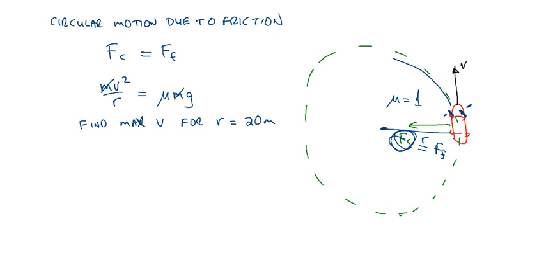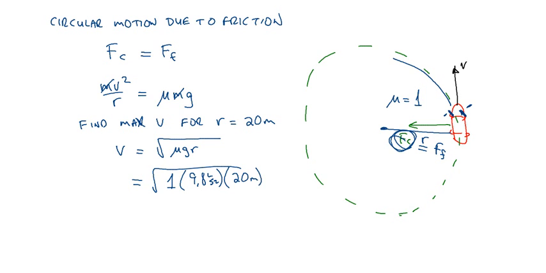Okay, if I solve that expression for v, then v would be equal to the square root of mu g r. I have all those numbers. Coefficient of friction is 1. g is 9.8 meters per second squared. r here is 20 meters. So we'll calculate that up real quick.